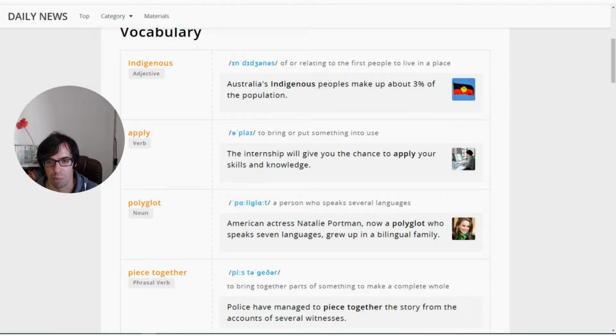And the example sentence, the internship will give you the chance to apply your skills and knowledge. So we know here to bring or put something into use. So for this particular example, you're putting your skills and knowledge to use.